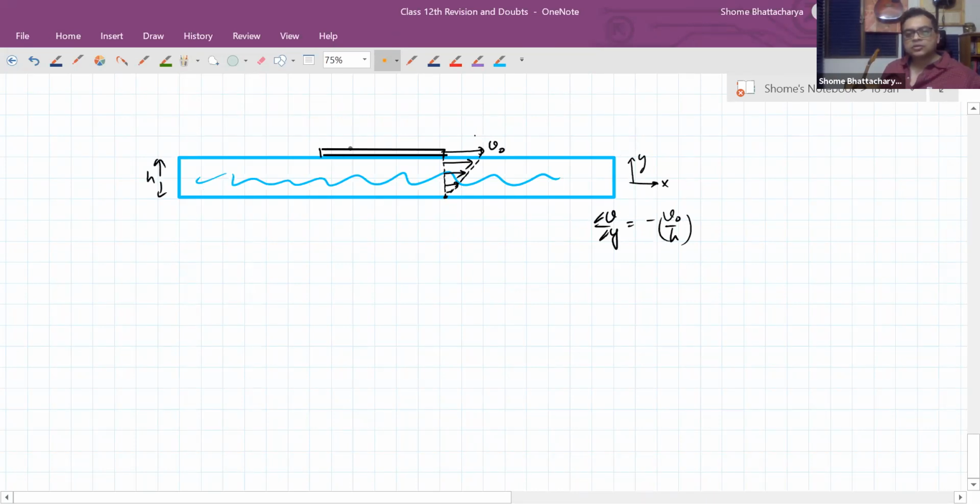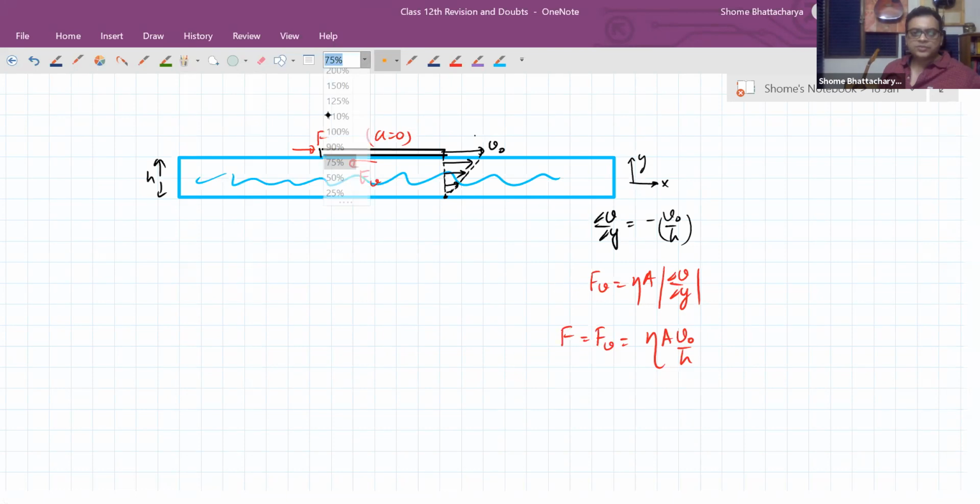Now on this surface from below, there will be a viscous force which has to be balanced by the external force because its acceleration is zero. So that viscous force will be eta into A into this velocity gradient. So the external force will have to balance the viscous force. It will be eta this into this.